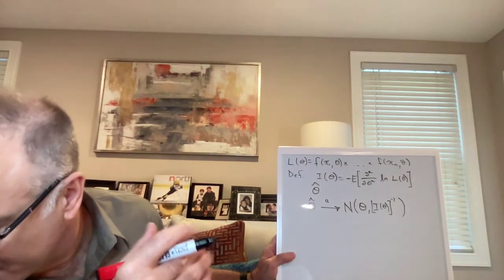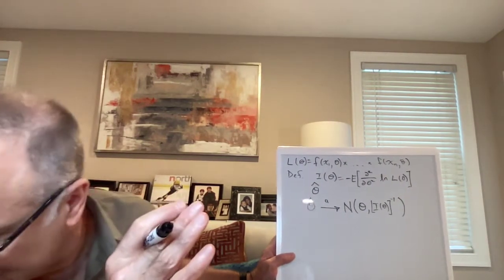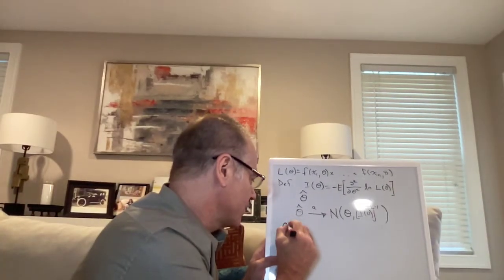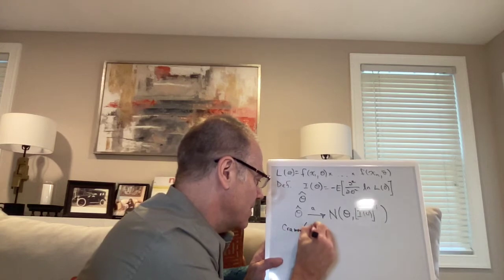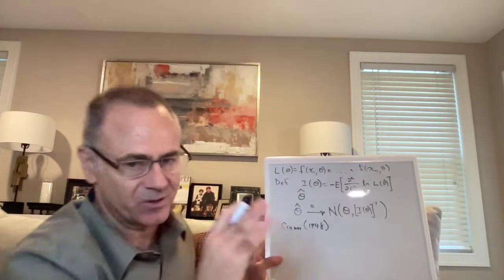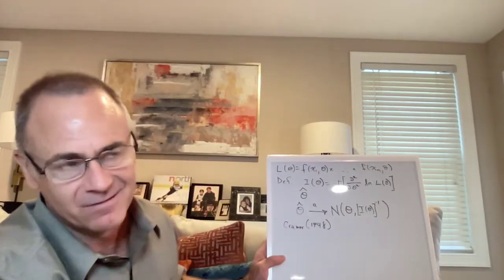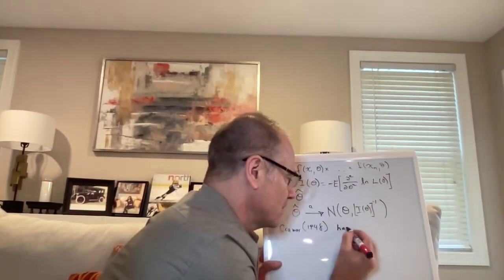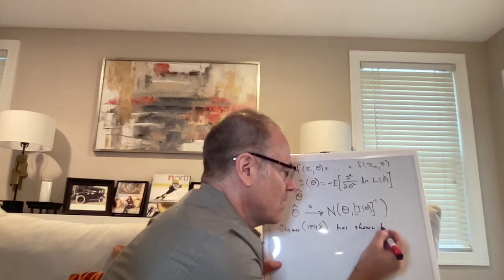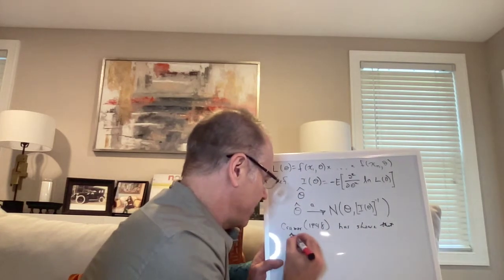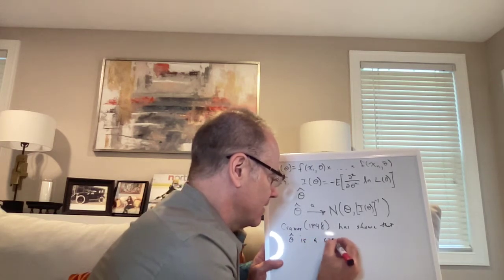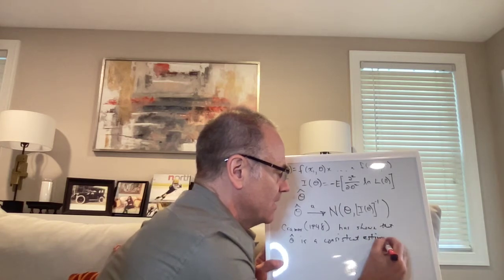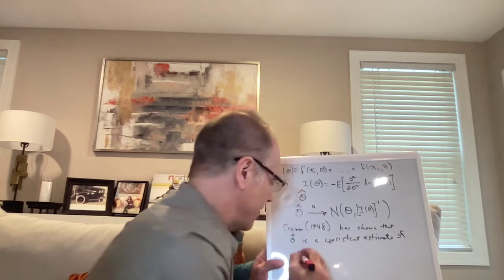Now here, Greene has written, I don't have the pages, that Cramér in 1948, so we're using some results that are more than 70 years old, has shown that theta hat is a consistent estimate of theta.